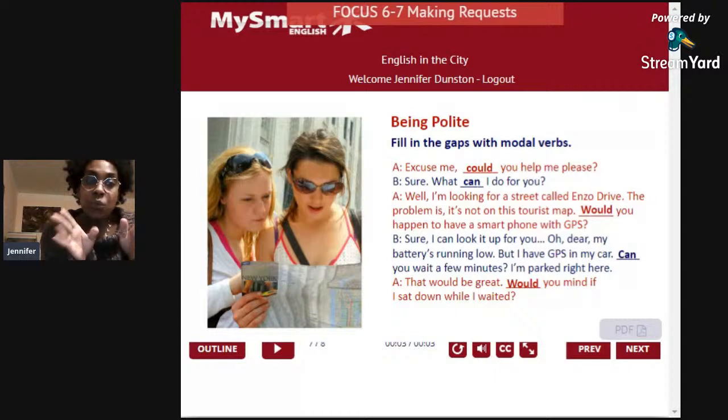Andrea, you know when we use the while and the when, both parts of the sentence have to be in the same tense. So while I was taking a shower, the phone rang, but they're both in the past. So if it's in the present simple, then while, two things are happening at the same time. So I sit while I wait. I sat while I waited.